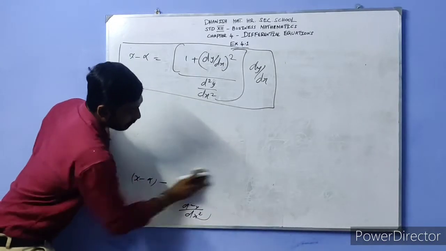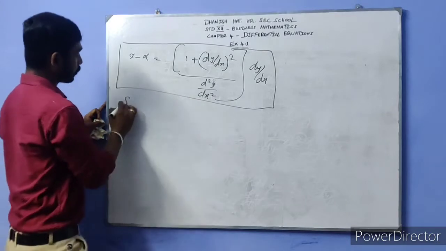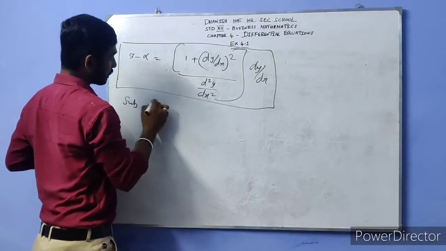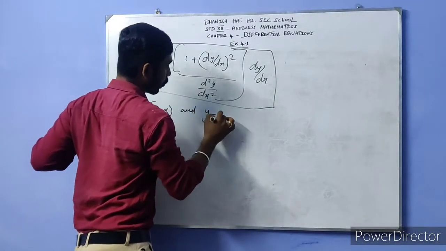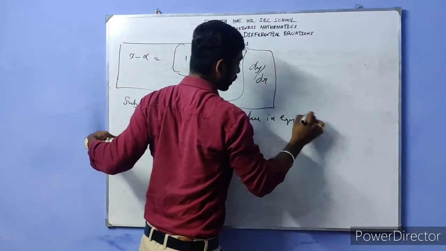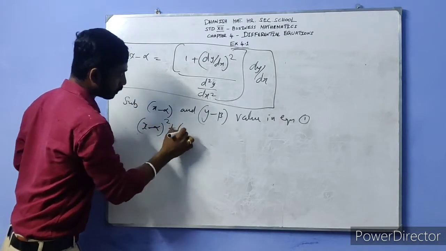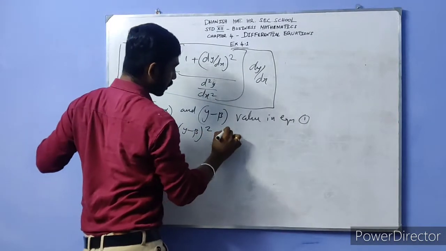Now we are going to substitute x minus alpha and y minus beta value in equation number 1. What is the first equation given in the question? X minus alpha the whole square plus y minus beta the whole square equal to r square.